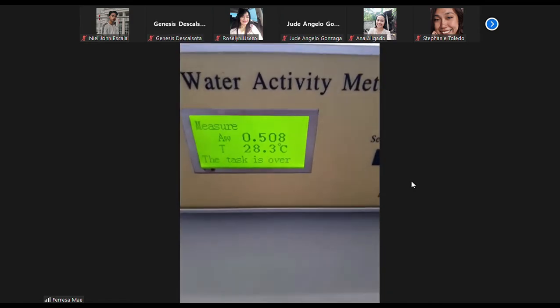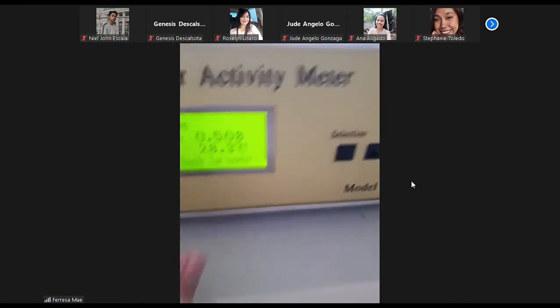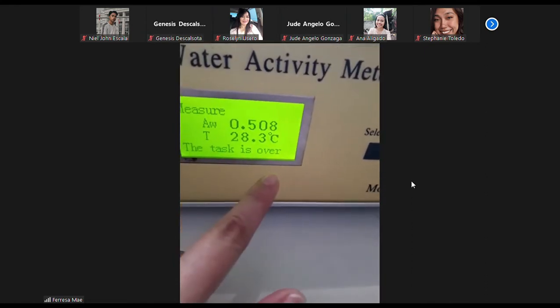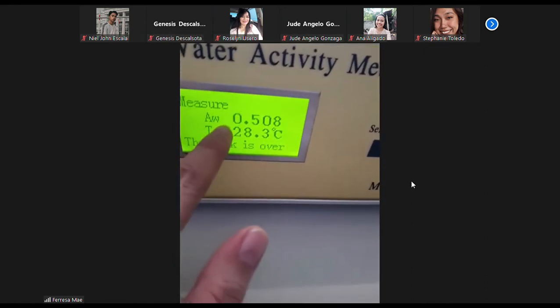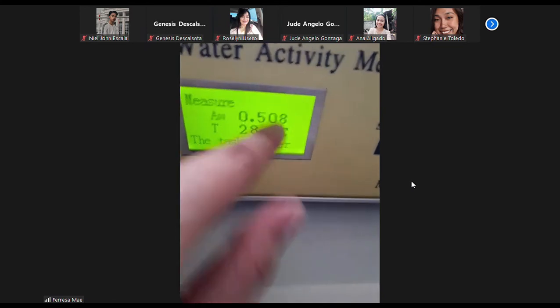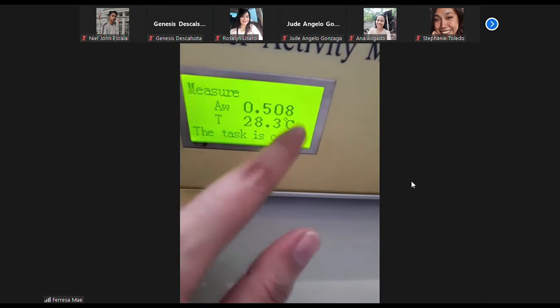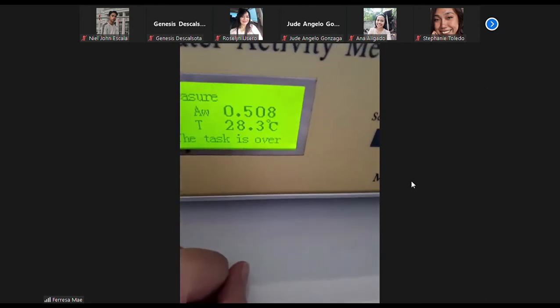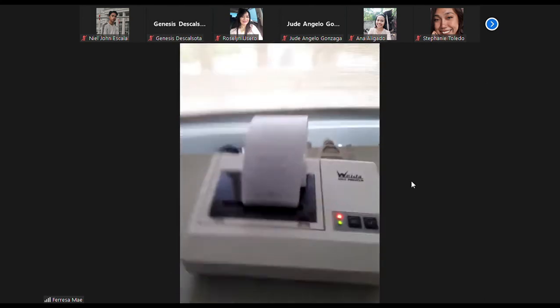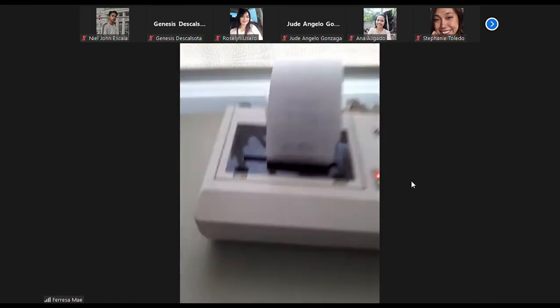Alright, class, nag-appear na siya ang the task is over. So meaning amo na ni siya ang final niya nga reading. This is the water activity sang cookies nga gin-test, 0.508. And then na-print na siya dayon, yung result.